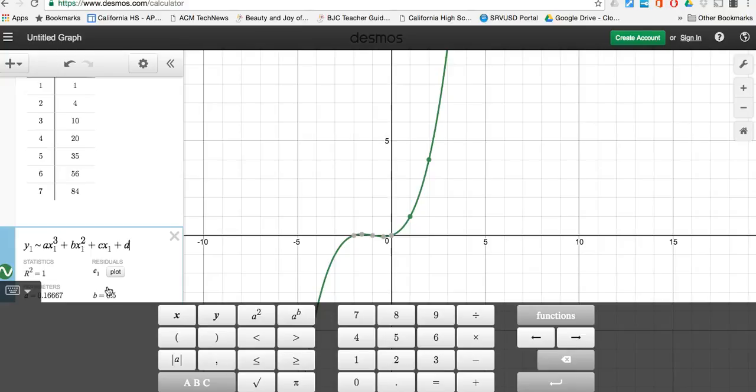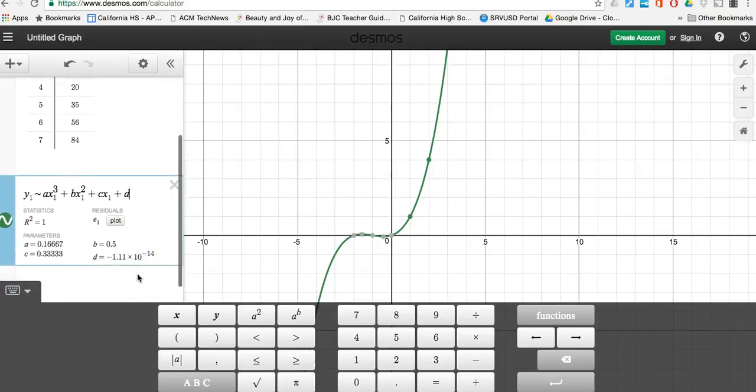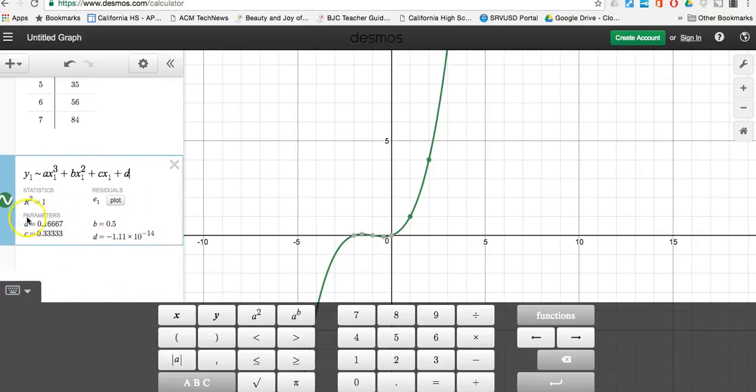That is our generic standard form. Now when we go down here, we get the parameters: a is 0.1667, b is 0.5, and c is 0.333. So we get our a, b, c, and d values. D right here is just 0.